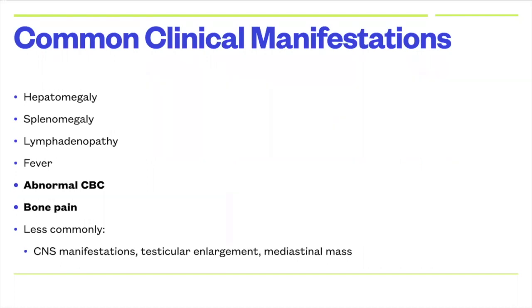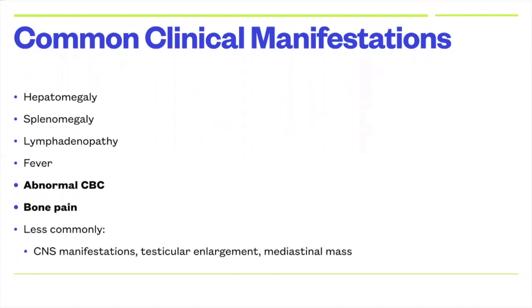Less common clinical manifestations, but ones we do need to evaluate well, are central nervous system manifestations such as headaches or head rigidity, due to the CNS infiltration of these lymphoblasts. In some male patients, usually less than 1% of male patients that present with ALL, we see testicular enlargement, so we should evaluate that as well.